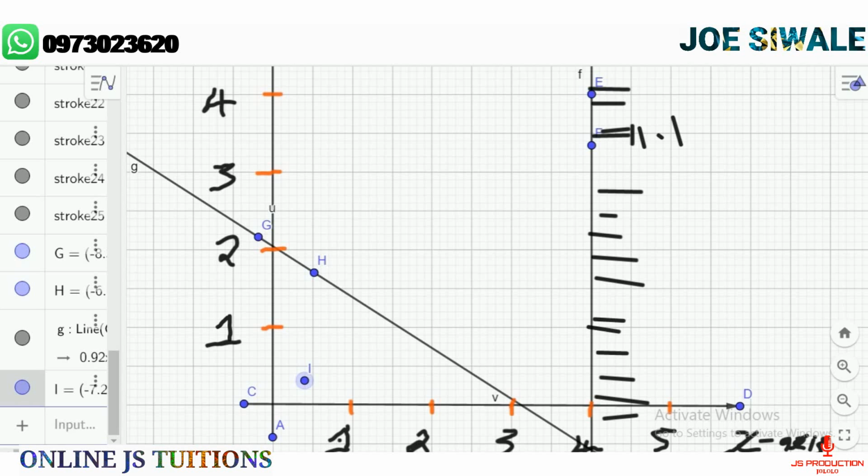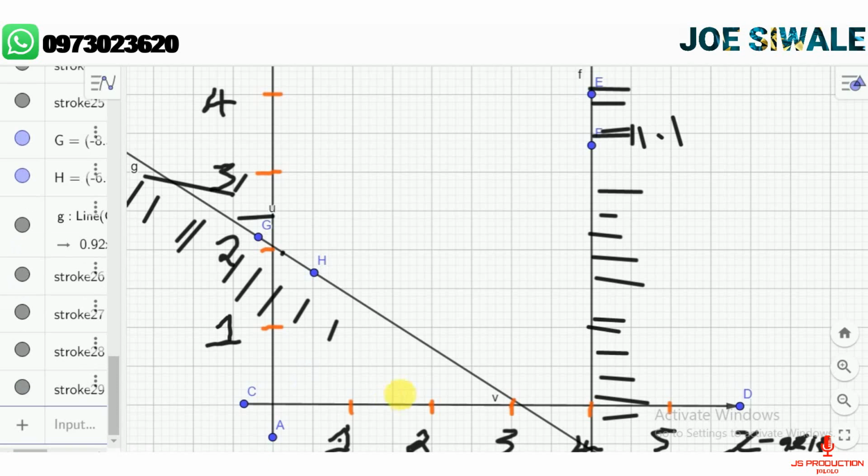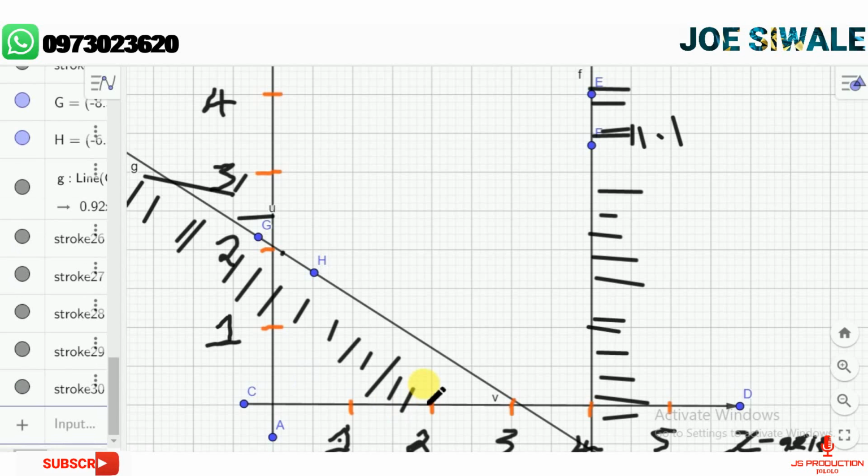And since we have greater than or equal to, that means we were supposed to shade on the upper part, but we are supposed to shade the opposite side, and that means we're going to shade below. So that's our second inequality, which is 4y plus 2x is greater than or equal to 8.